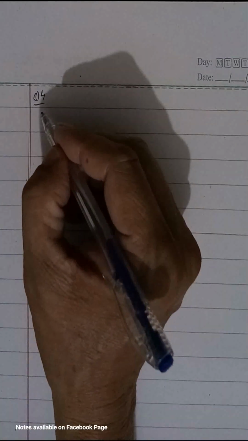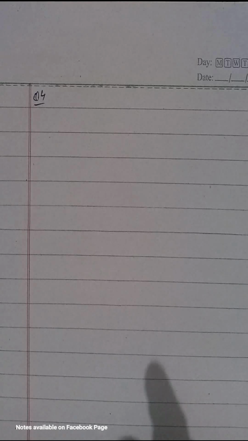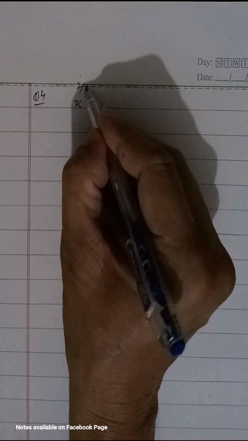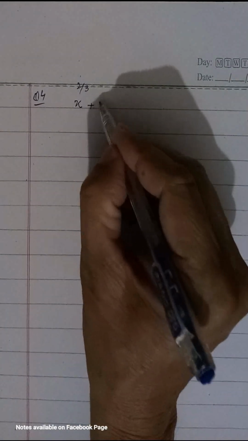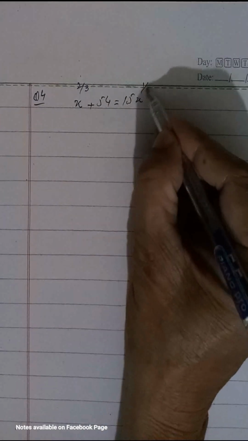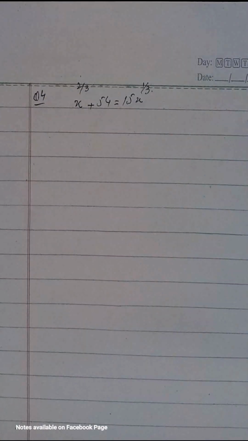Question number 4 of exercise 1.3. The question 4 is x power 2 over 3 plus 54 is equal to 15 x power 1 over 3.